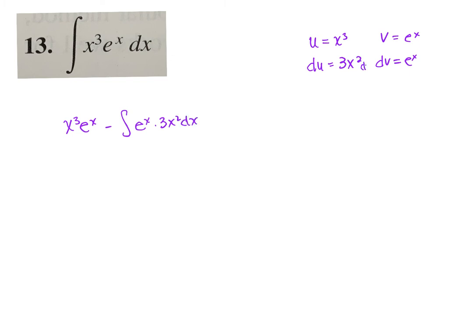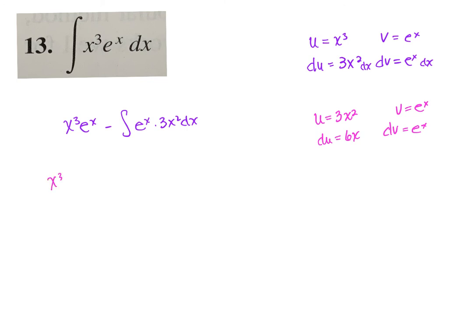And then I have to do it all over again, right? So on the second time around, I made my u, my 3x squared, my du 6x, my dv e to the x, and my v e to the x.